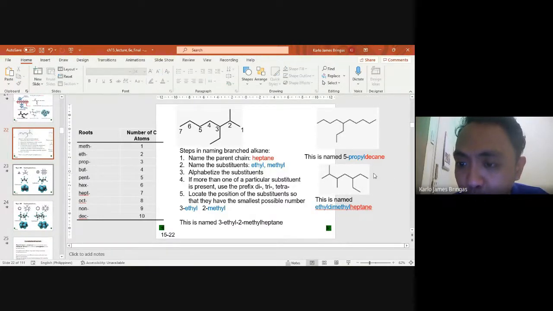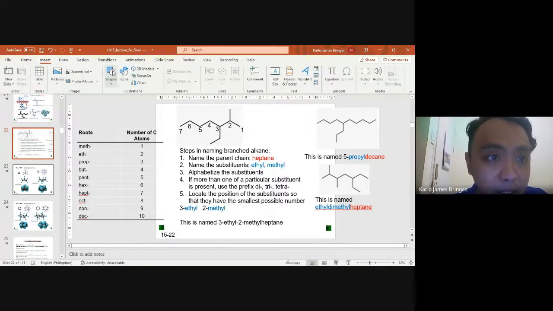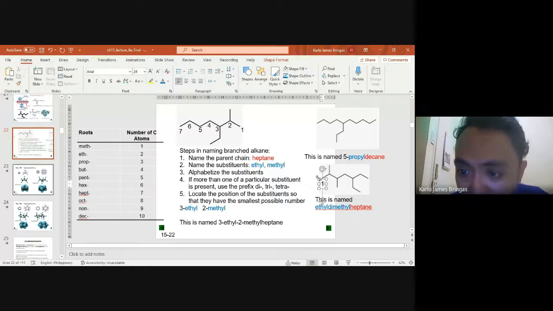And finally, for the numbering for this one, so pwede natin i-count ang numbers from right to left or from left to right. So let's see what happens. So kung magbibilang tayo from left to right, so we now have the following.